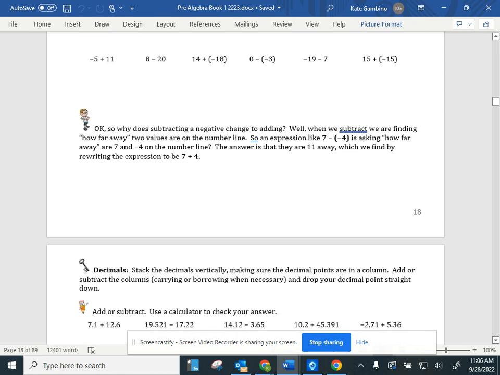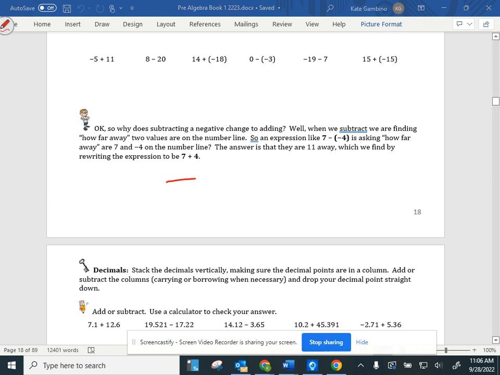Okay, so why does subtracting a negative change to adding? Well, when we subtract, we're finding how far away two values are on the number line. So an expression like 7 minus -4 is asking how far away are 7 and -4 on the number line. The answer is that they are 11 away, which we find by rewriting the expression to be 7 plus 4.